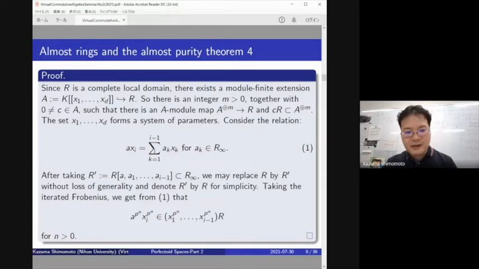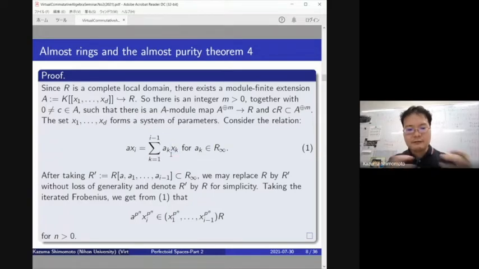So let's take some relation, which is this: you take the sum of ak times xk, with index k from 1 until i minus 1. Then if I look at xi, this really means xi times a map of the ring R infinity modulo the ideal generated by x1 through xi minus 1.